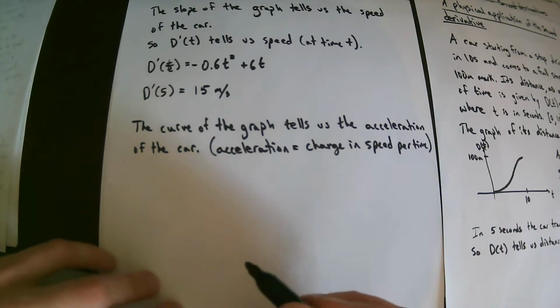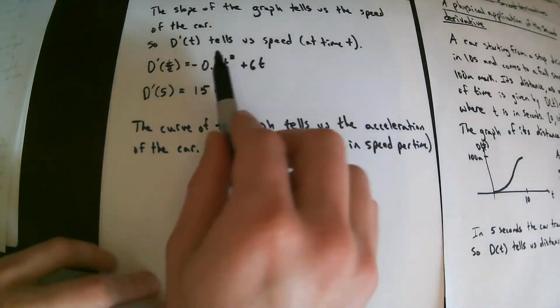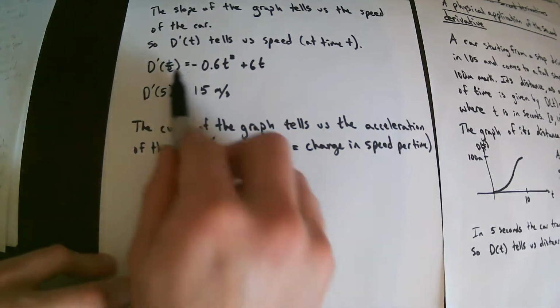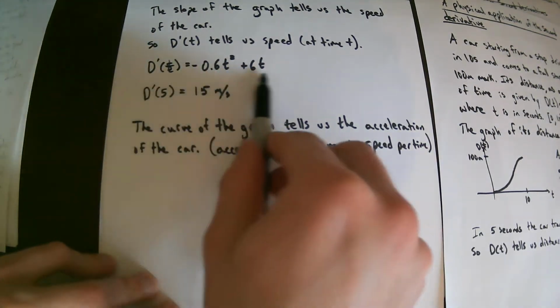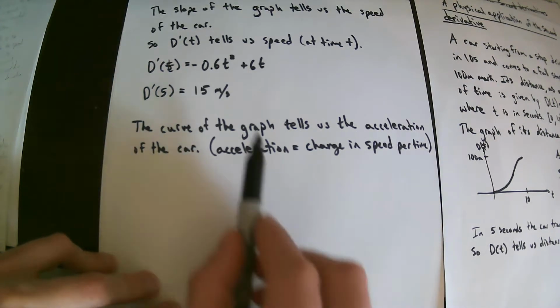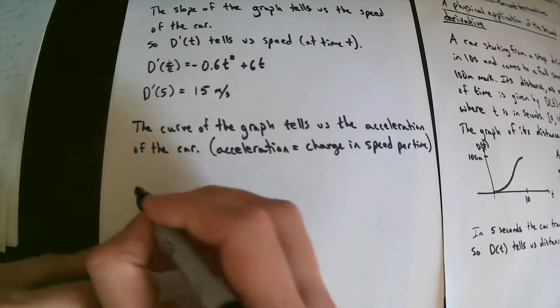And how do we find it? If we found the change in distance versus time by taking a first derivative, now we have speed here, this is speed, d prime of t. We want to know the change per time in this, we'll just take another derivative.